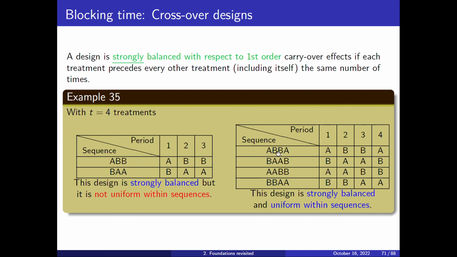Each treatment appears twice, and if we count the number of times that A appears before B, we have it once, 2, 3 times, and then BB we have once, 2, 3 times, and all pairs appear the same number of times. So we can design sequences with very nice properties.